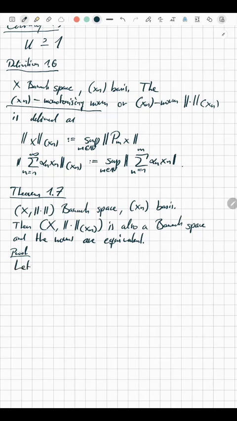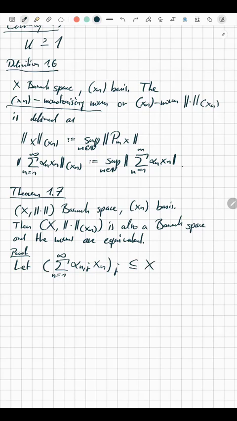So we will take a sequence of vectors in X, and since every vector has a representation with regards to the basis, we index the scalars. So this is a double index sequence. And this is now a sequence of vectors in X. All right?